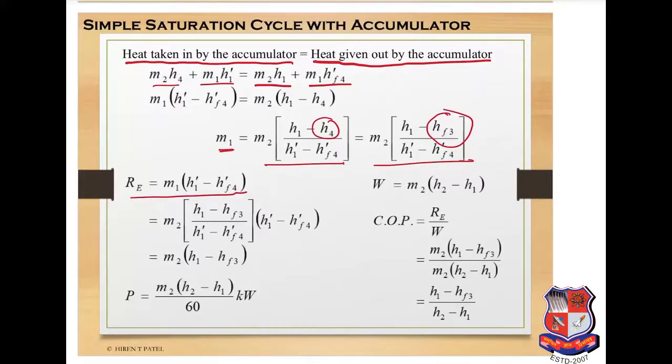So refrigerating effect is M1 (H1 dash minus HF4 dash). So ultimately RE is equal to M2 (H1 minus HF3), and same as W is equal to M2 (H2 minus H1). Here the difference between these two systems, with flash chamber and with accumulator, is that in refrigerating effect the same M1 mass needs to be transferred.